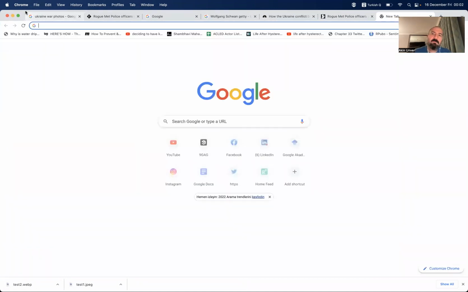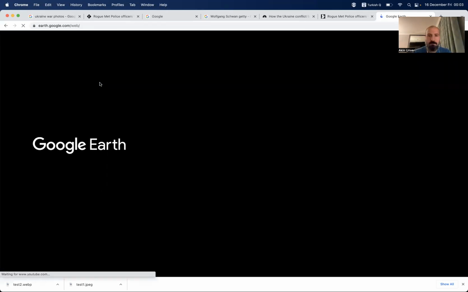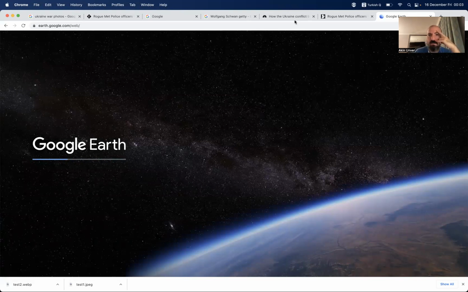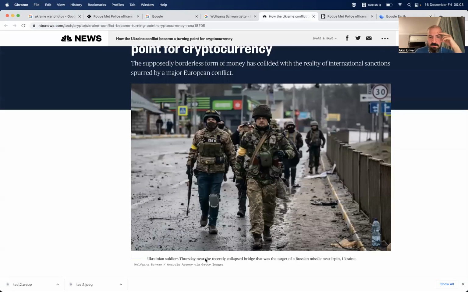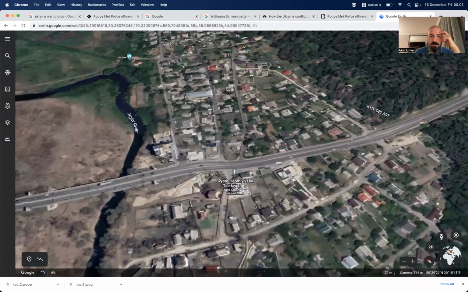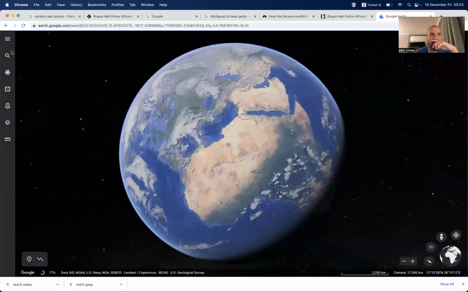Now, for some dynamic kind of mapping, I use Google Earth. So what this says is that I'm trying to look for a recently collapsed bridge, and it has to be somewhere around Irpin, Ukraine. So basically, this is Google Earth.